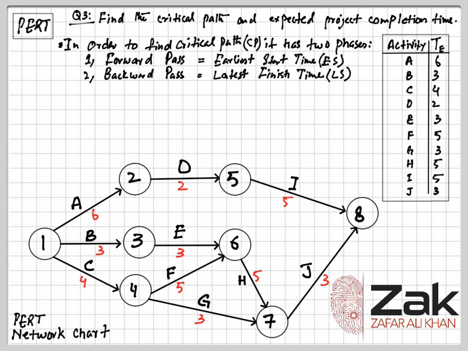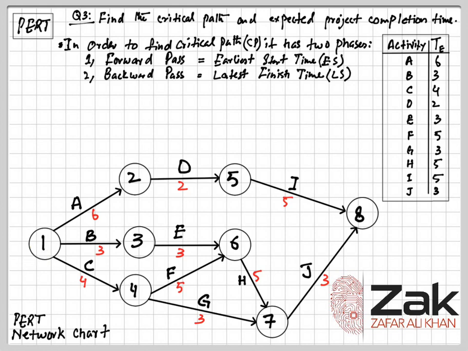Finding the critical path has two phases that need to be completed. First is the forward pass. In the forward pass, we go from the first node to the 8th node, node by node, and then in the backward pass we go from the ending node, which is 8th, to the first node, which is 1.